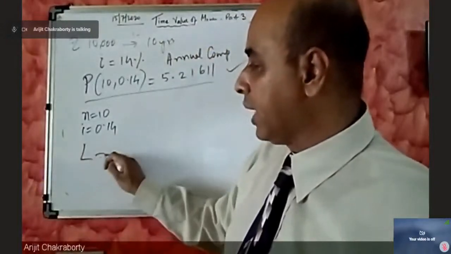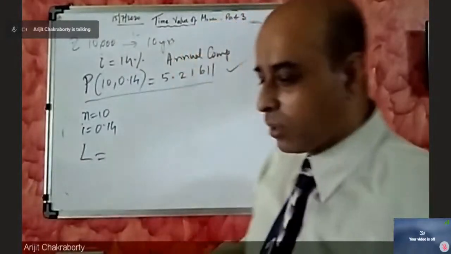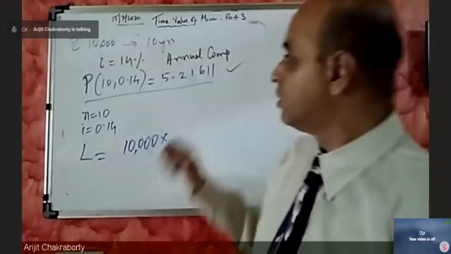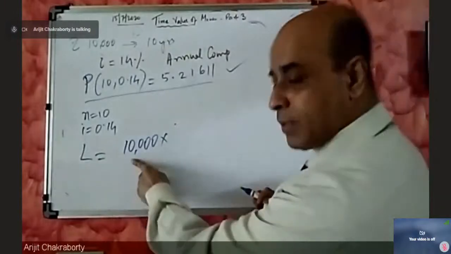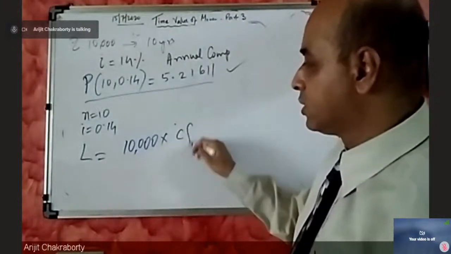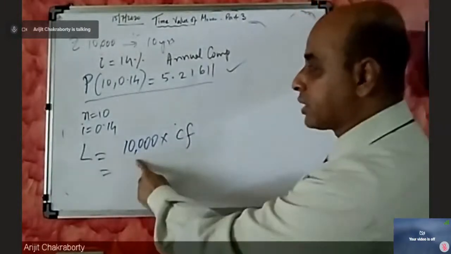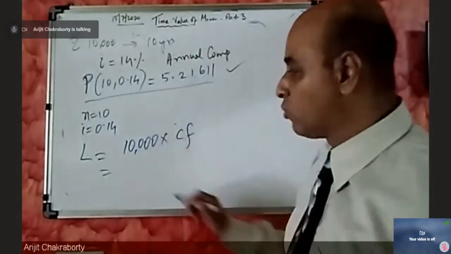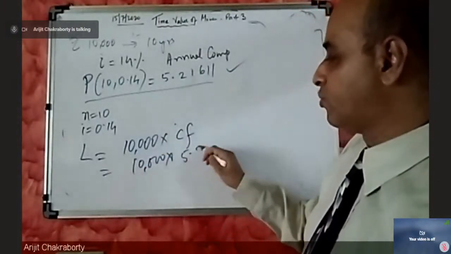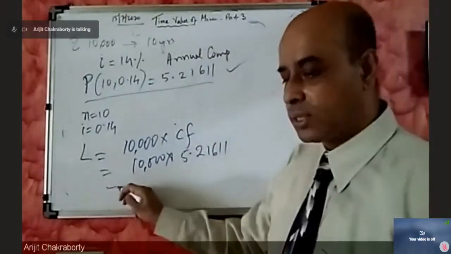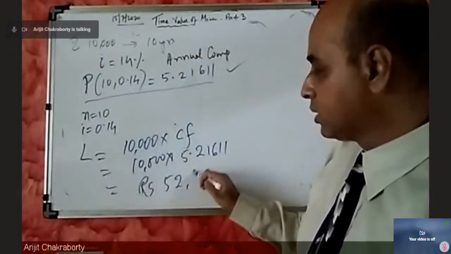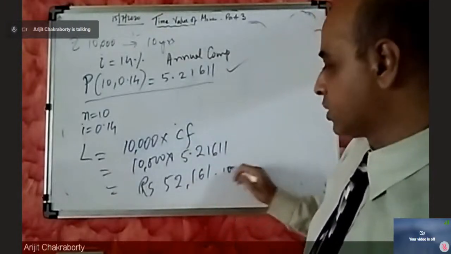So the loan amount L is simply equal to the installment paid, which is the principal amount, into the compounding factor, CF. The compounding factor is given as 5.21611. So it is just 10,000 into 5.21611, which gives you rupees 52,161.10.